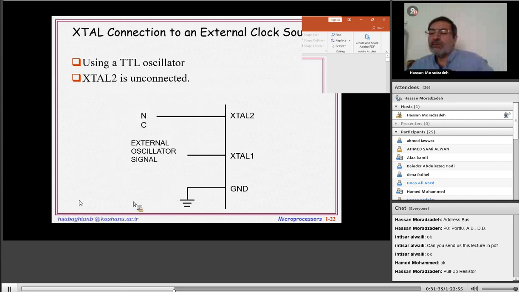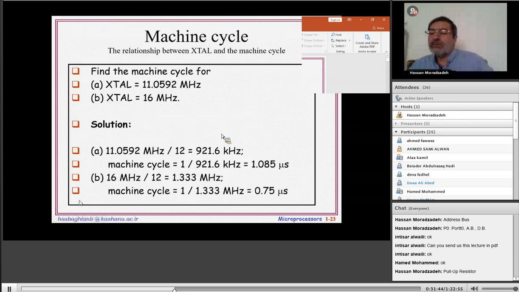This is the resultant frequency, and machine cycle T is 1 over F. Okay, the machine cycle means 1 over this item, about 1 microsecond. But when the crystal was this item divided by 12, resulting in megahertz, the machine cycle is about 3/4 of a microsecond. Okay.